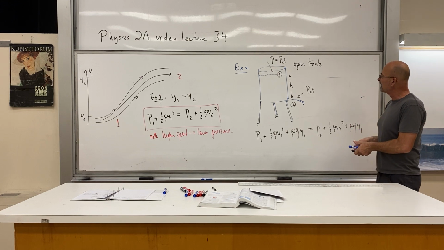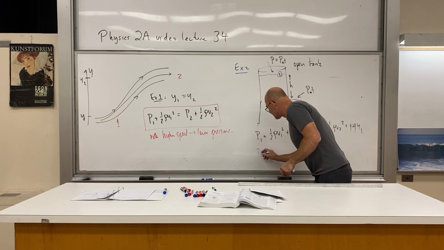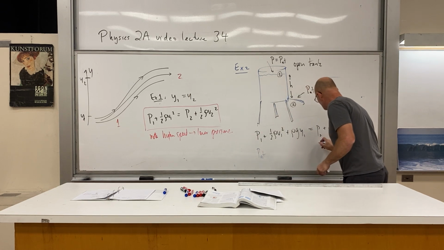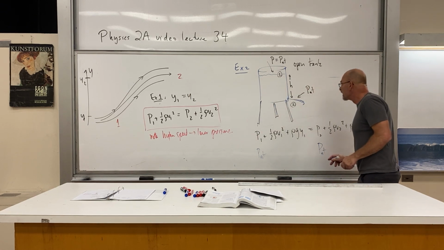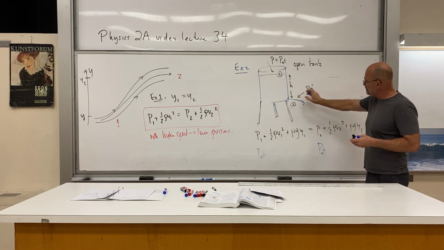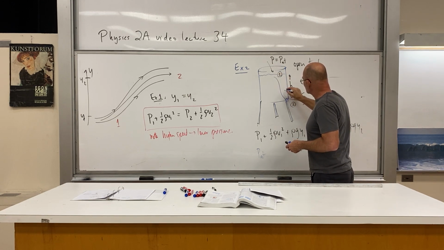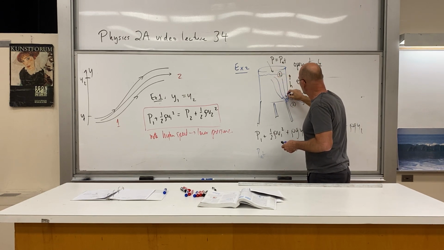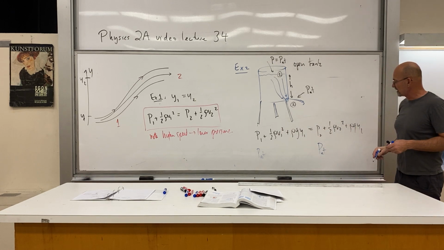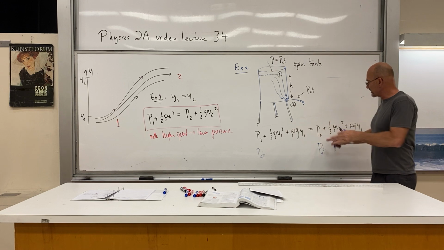Now we know that P1 and P2 are both atmospheric pressure, because we have atmospheric pressure on top of the tank and atmospheric pressure where the water is emerging, and I'll indicate some streamlines. So those two are going to drop from the equation.